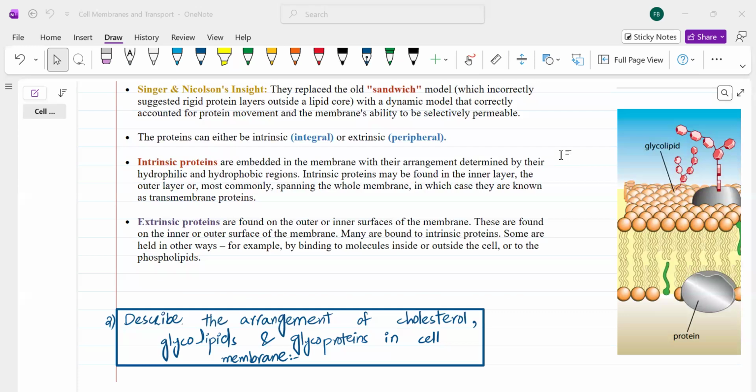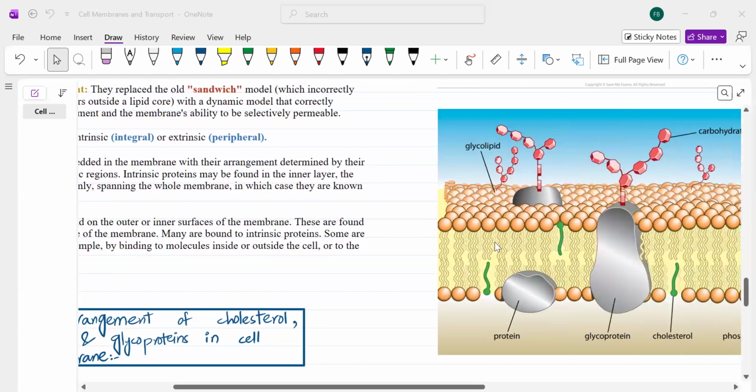Proteins are also of two types: polar and non-polar. If there is a non-polar protein, the phospholipid bilayer will tend to keep that protein within the hydrophobic region.